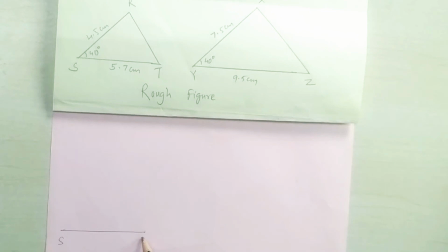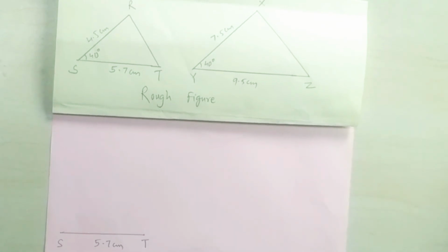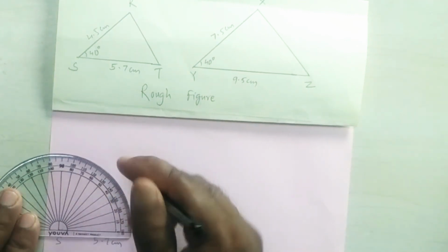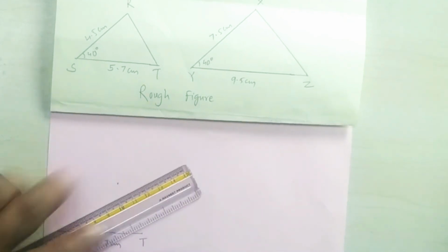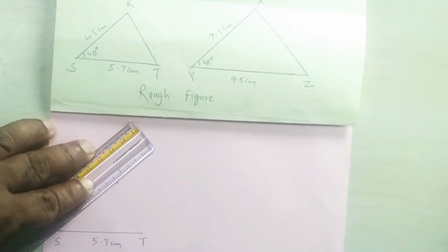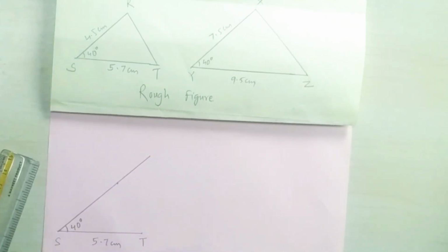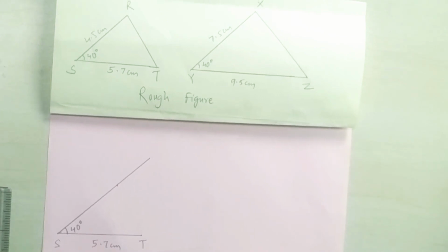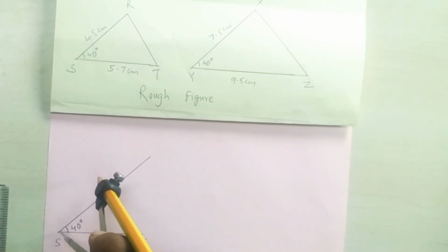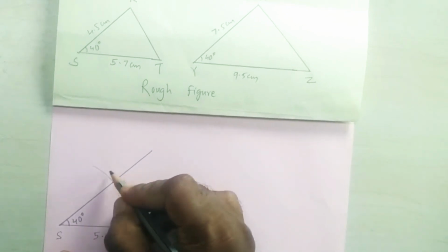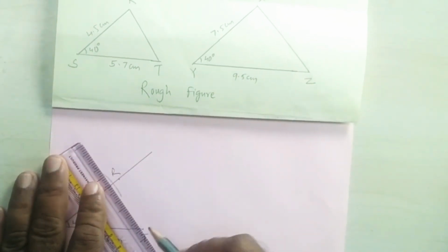ST is equal to 5.7 centimeter. With the help of protractor, draw the angle of 40 degree at S. Now with the help of compass, take length equal to 4.5 centimeter, and join RT.